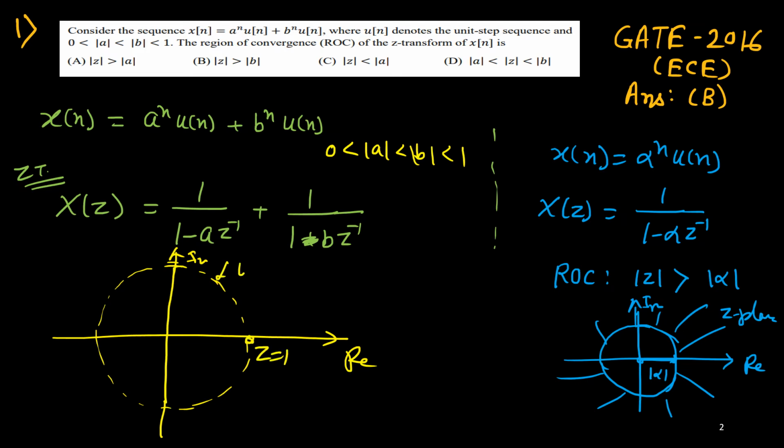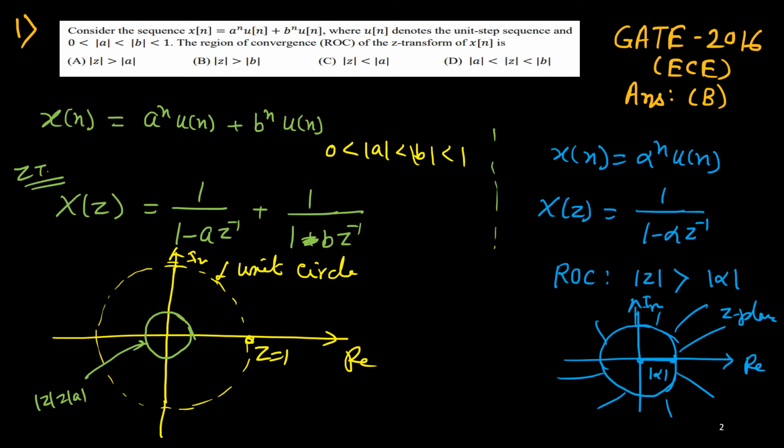Now this is suppose mod A, so this circle is mod z equal to mod A, right?